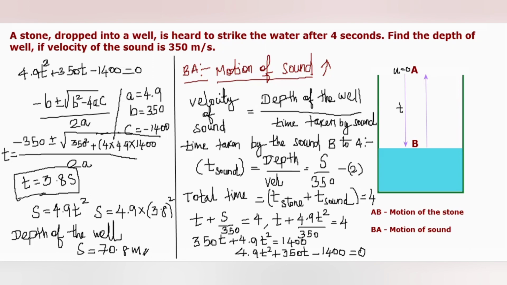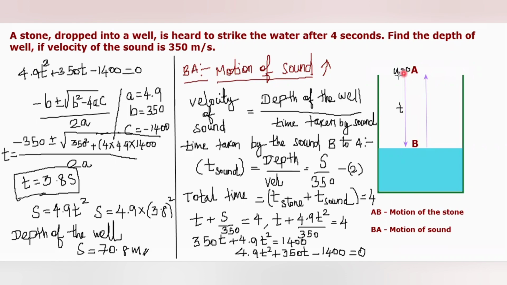Once again, I just repeat the numerical. From the point A, a stone is dropped into the well. At point B, it is going to hit the water. That is the motion of the stone. The striking sound, which is created at the point B, will move in all directions and also in the upward direction.